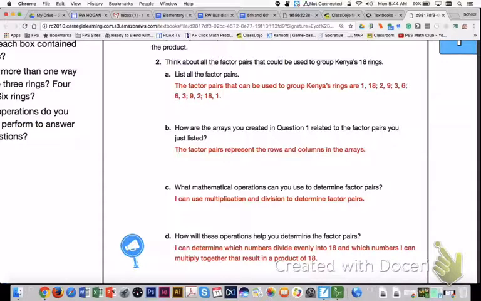For letter C, you can use multiplication and division to determine the factor pairs. And for letter D, you can determine which numbers divide evenly into 18 and which numbers you can multiply together that result in a product of 18.